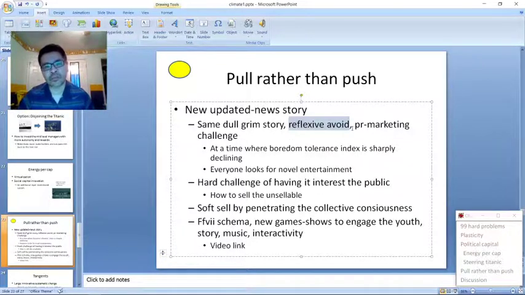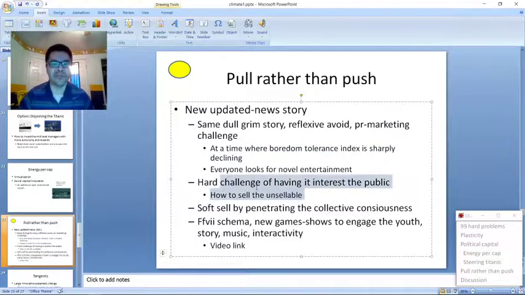It's a PR marketing challenge. Everyone looks for novel entertainment, and we're confronted with this same dull, grim story. At a time when the boredom tolerance index is declining, how do you sell the unsellable?